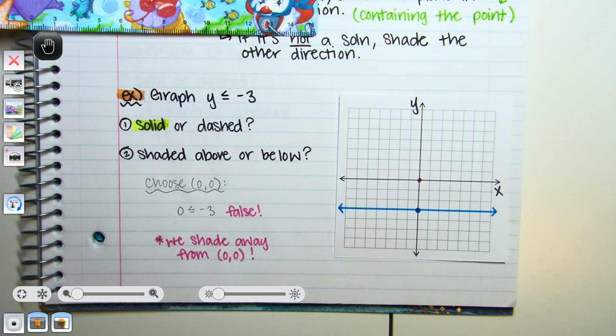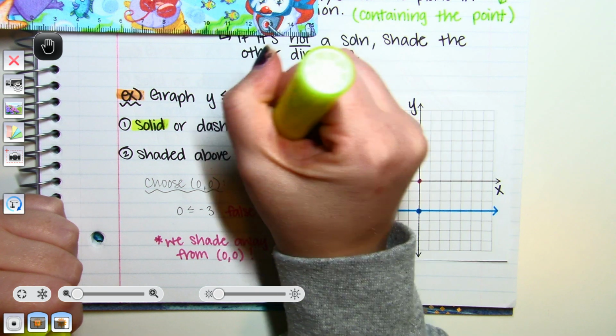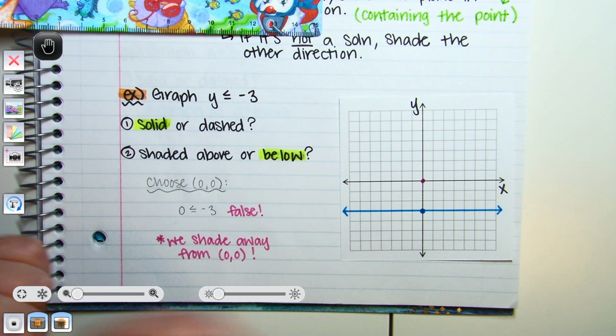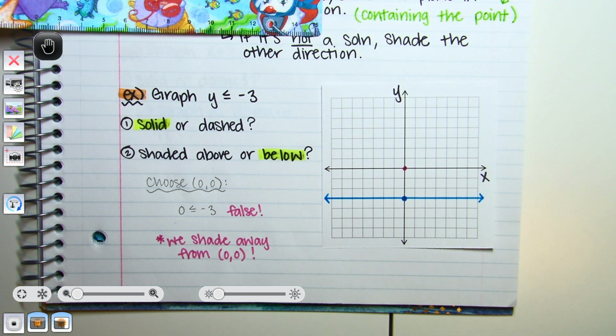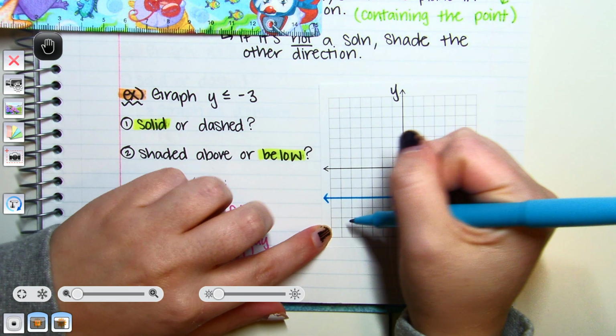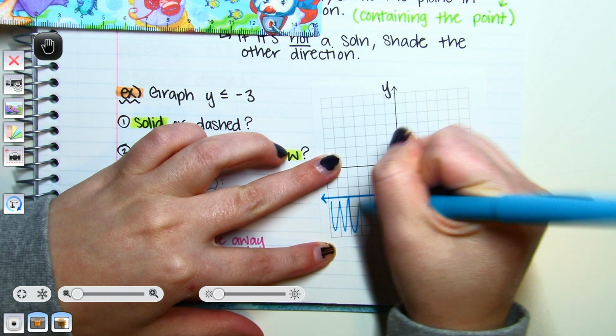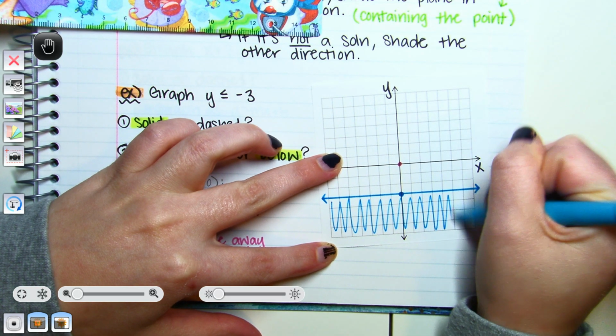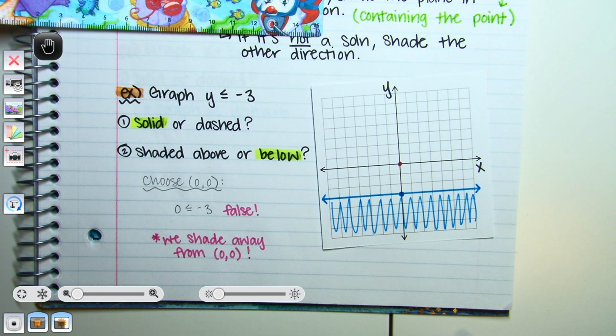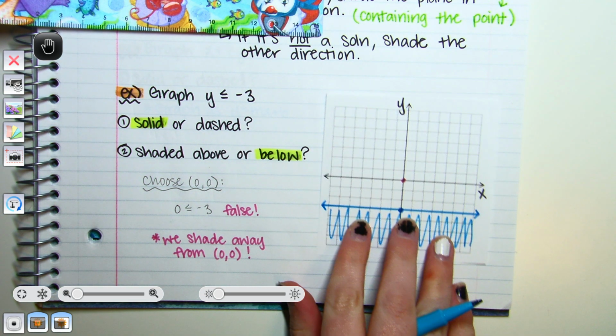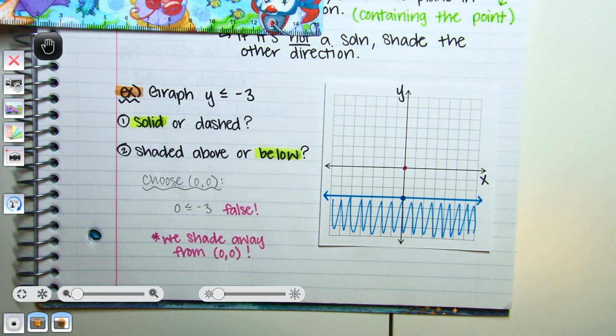It cannot be included in the solution, which means I'm going to be shading down here below the line. Now for shading, I'm going to use a pen, but if you want to use colored pencils or just use a pen or your pencil and shade it in, I'm just going to shade that all the way across, and it's really obvious what direction that gets shaded.